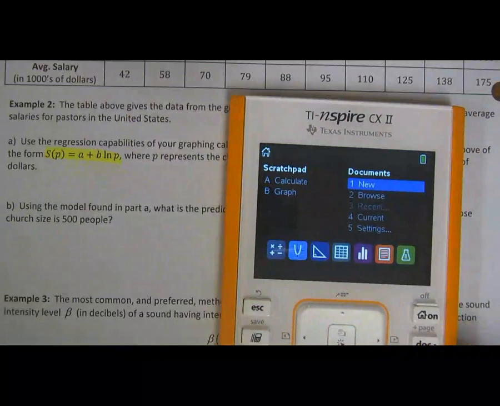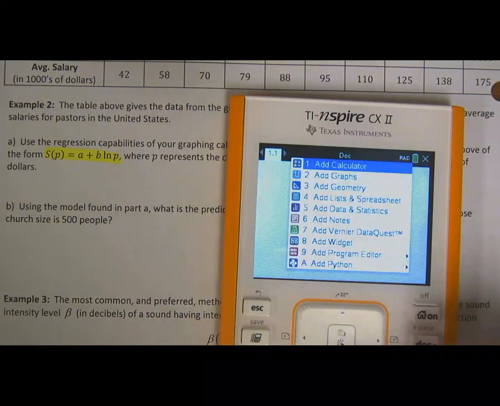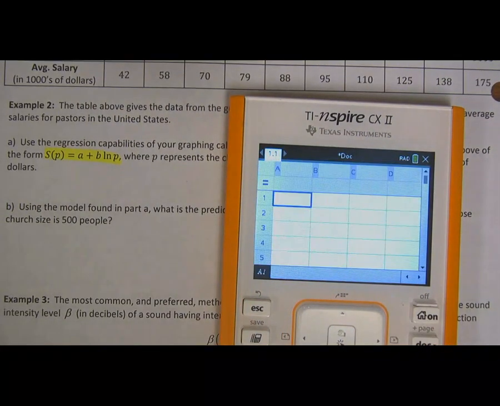You're going to open up a new list in spreadsheets. Title your columns X and Y. Carefully enter in the data.